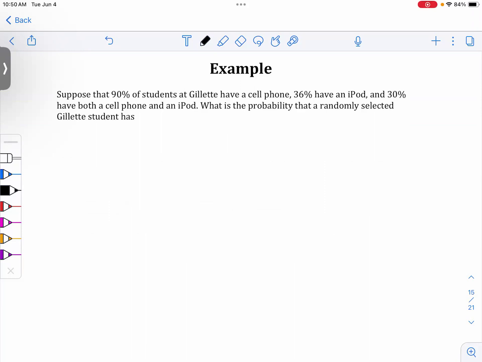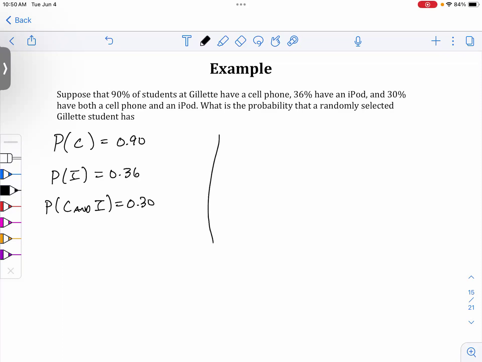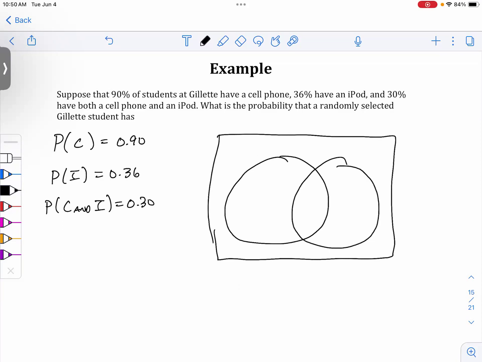So suppose 90% of Gillette students have a cell phone, C for cell phone. 36% have an iPod. 30% have both a cell phone and an iPod. Now notice this one already says and, which means I already know the picture I'm going to make. That is the overlapping picture, because you can have both a cell phone and an iPod. Now comes the actual part where we put in the details.